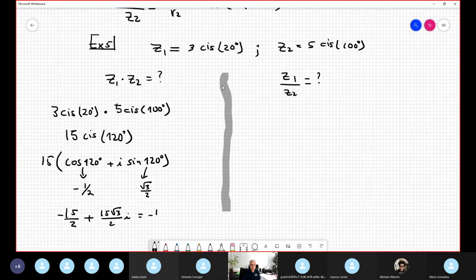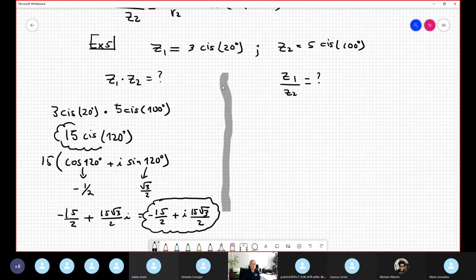Some students prefer writing it like that: i times 15 radical 3 over 2. Final answer in rectangular. Final answer in polar. And they are equivalent, 100%. Any question?